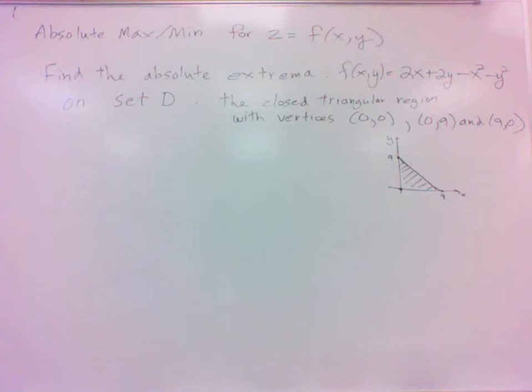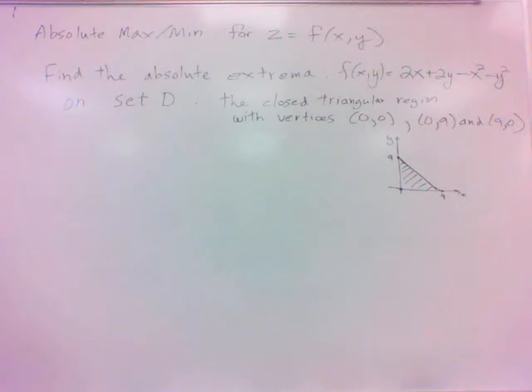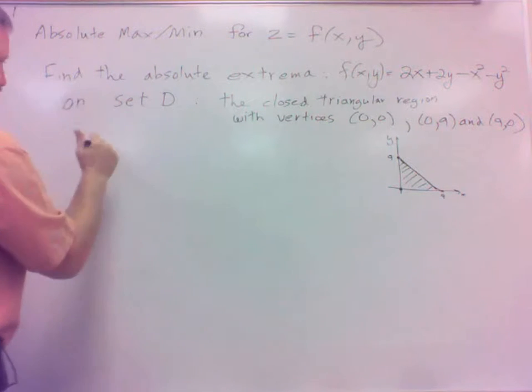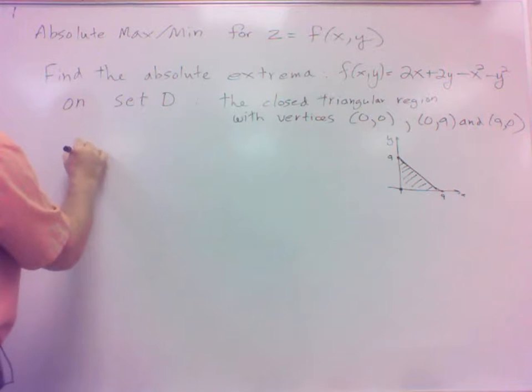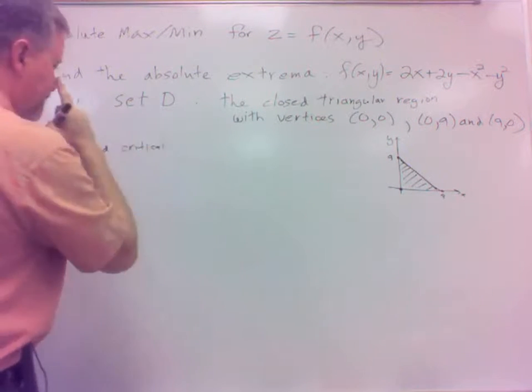We're just limiting our x, y values, if you will, to this. So, to find the absolute extrema, we said we need to look at the critical points, and then we need to look at boundary points.